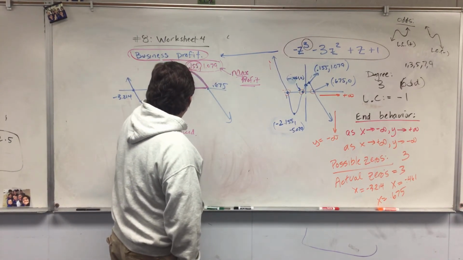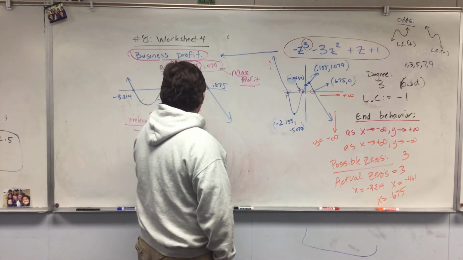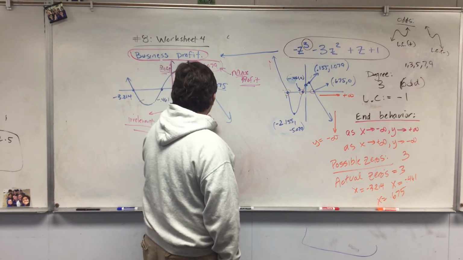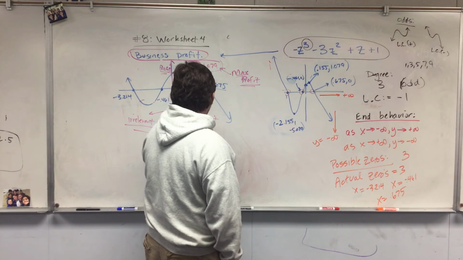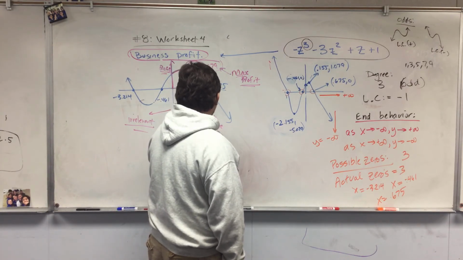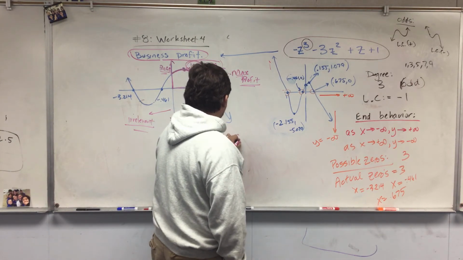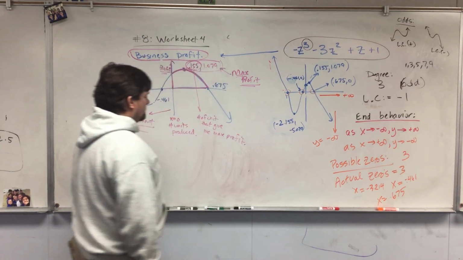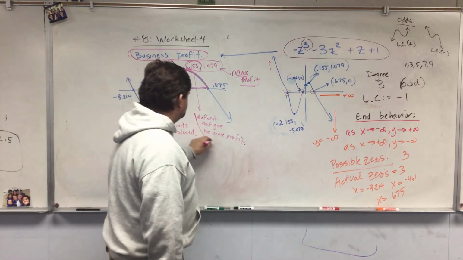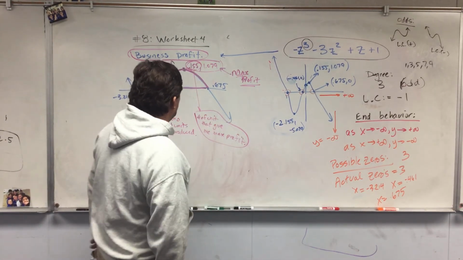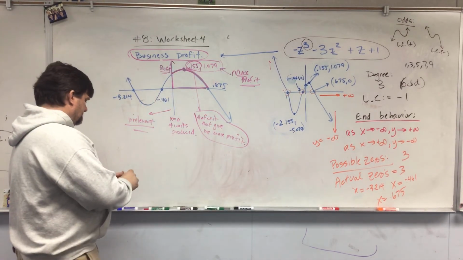This right here, this x value, is the number of units that give me the max profit. Okay? That's the number of units that give me the max profit.